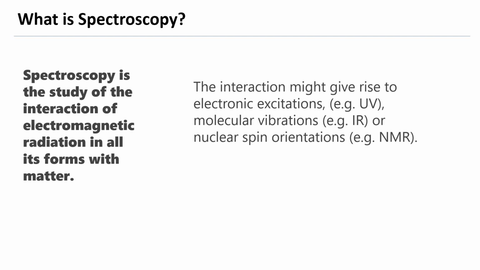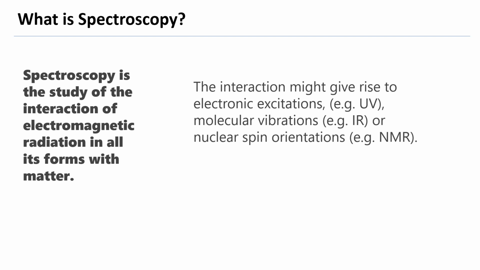We can use such interactions to find out information related to certain kinds of substances. Each of these electromagnetic radiations reacts with specific matter and gives some kind of information.